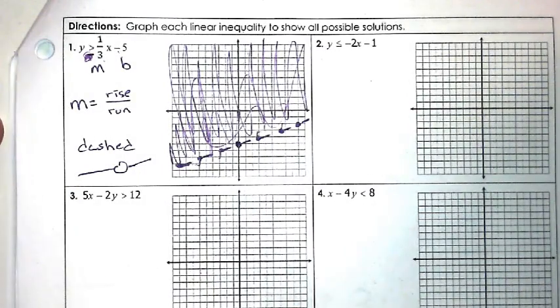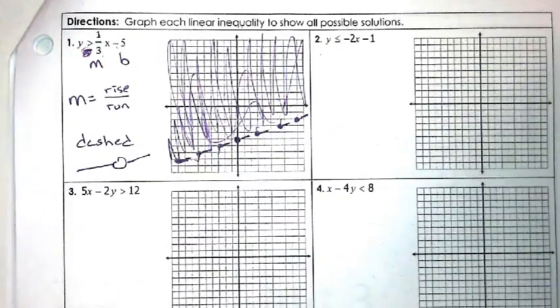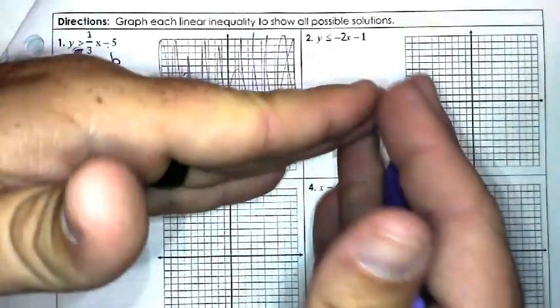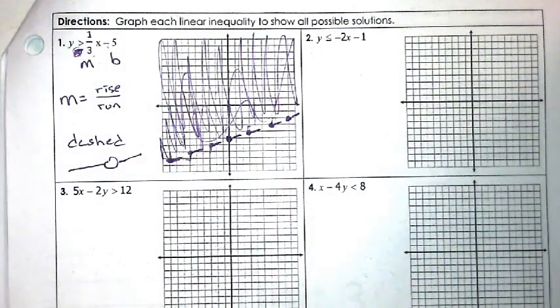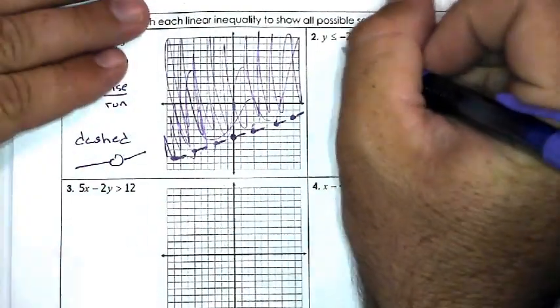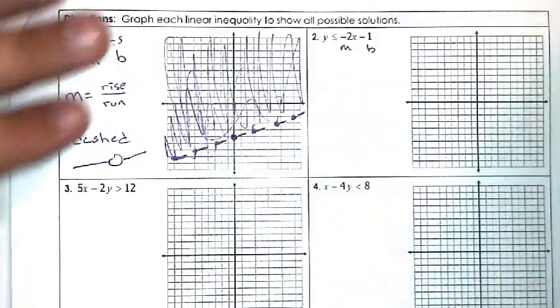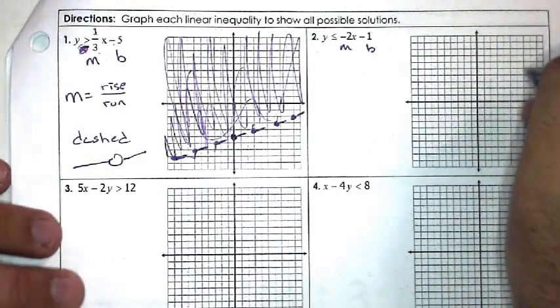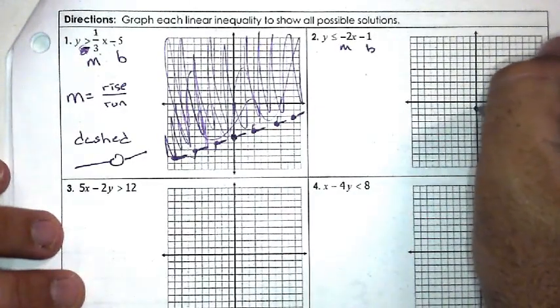Okay. Let's look at number 2. Step 1. Make sure we are in slope-intercept form. Are we in slope-intercept form? Yes, we are. So we have a slope and we have a y-intercept. So I can go to my y-intercept and put a point. Now my slope is an integer. It's not a fraction.